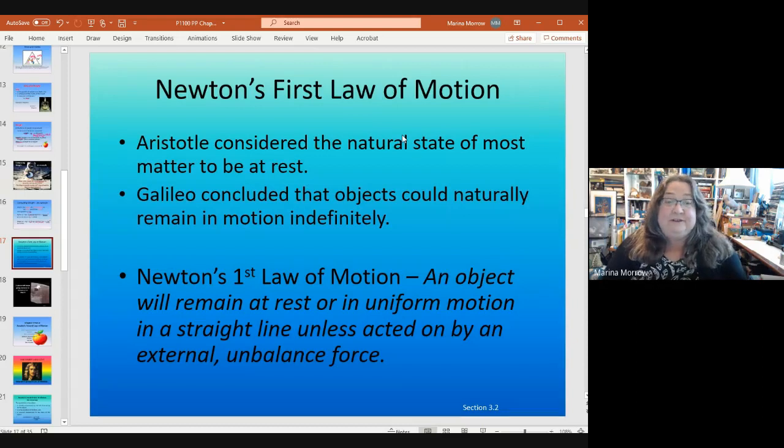Newton's first law of motion we talked about before is basically based on what Galileo said: objects at rest can stay at rest, and objects in motion will stay in constant speed motion unless they are acted on by an external unbalanced force. Galileo said things could remain in motion indefinitely if no other forces come along to disturb them.